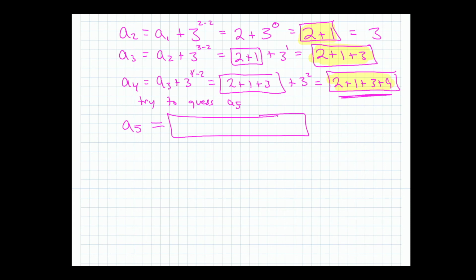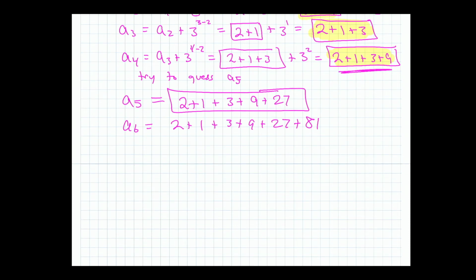So what if I said that A5 was going to be 2 plus 1 plus 3 plus 9 plus 27? Would you guess that that's correct? I think you would, right? And so what would A6 be? 2 plus 1 plus 3 plus 9 plus 27 plus 81, right? I think that's right.